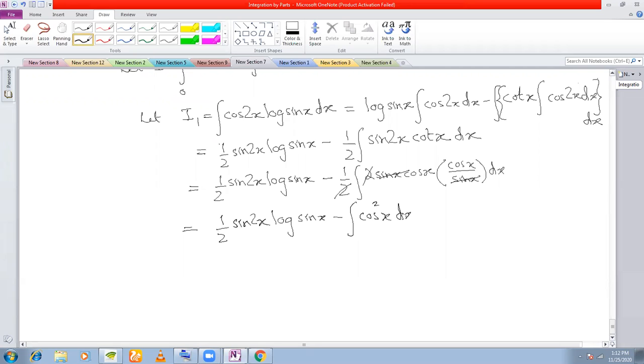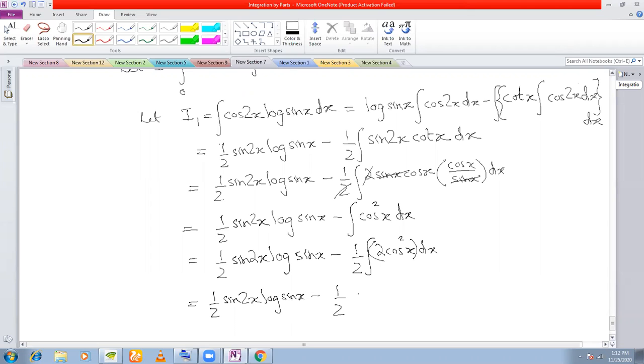How do you integrate cos square x? You change it to multiple angle formula. You know that 2 cos square x is 1 plus cos 2x. So half you can write, and you can write here 2 cos square x dx. So this is half sine 2x log sine x minus half of integral of 1 plus cos 2x dx.